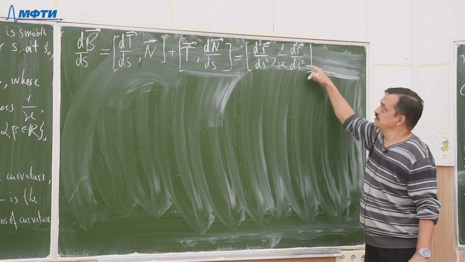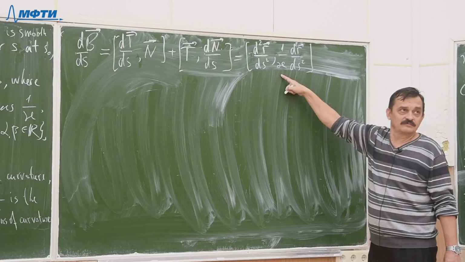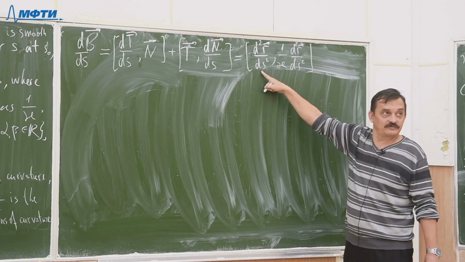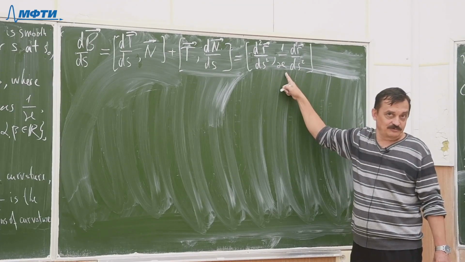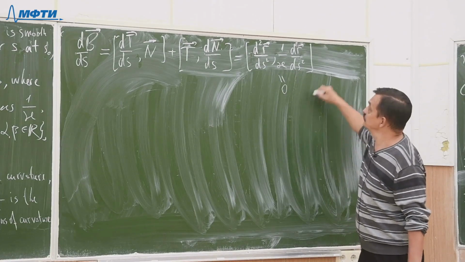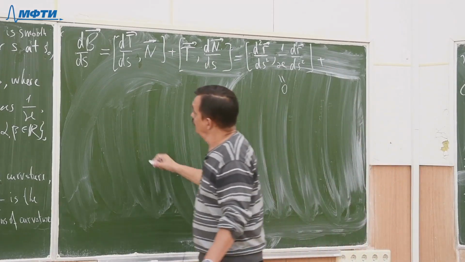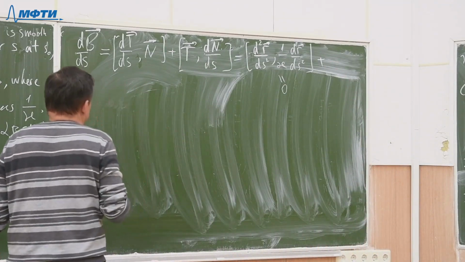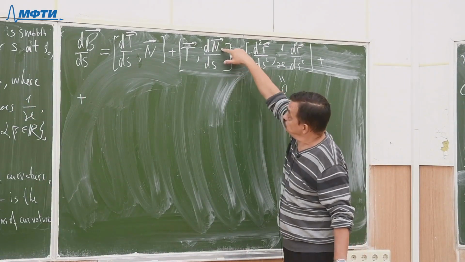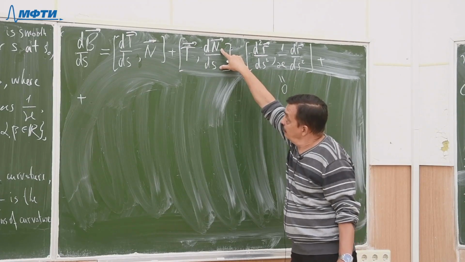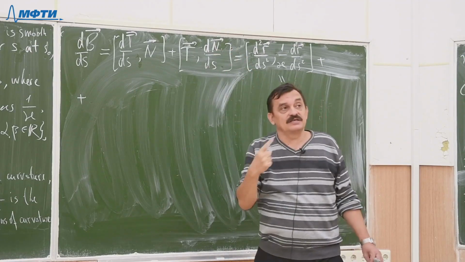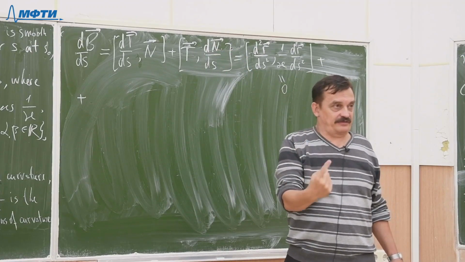What can you say about this vector product? If you consider the vector product of a vector with itself, up to a scalar factor, it's 0. Plus, what is here then? Look, n is a vector of constant length, a unit vector.